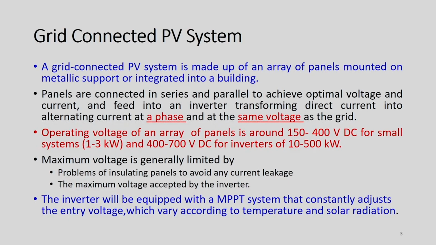The maximum voltage is generally limited by the problems of insulating panels to avoid any current leakage and the maximum voltage accepted by the inverter. These two are very, very important. The inverter will be equipped with an MPPT system that constantly adjusts the entry voltage, because this will vary with solar insolation and temperature.